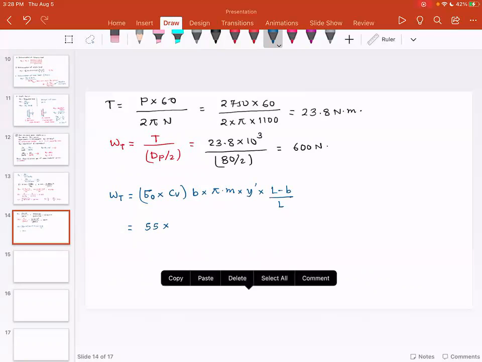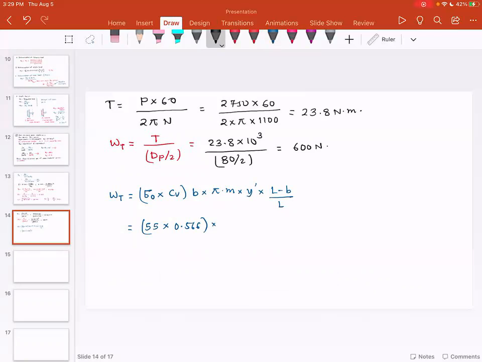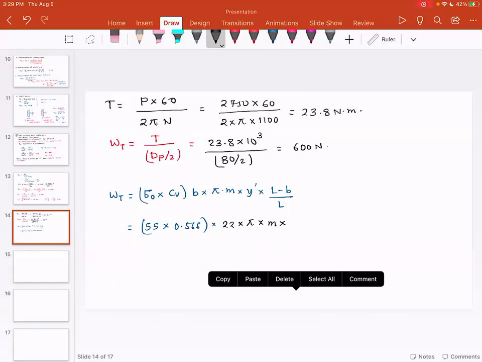Cv is the velocity factor, 0.566, times B, which is 22, times pi times m times y, which is the expression we determined in terms of m, multiplied by 64 minus 22 divided by 64.